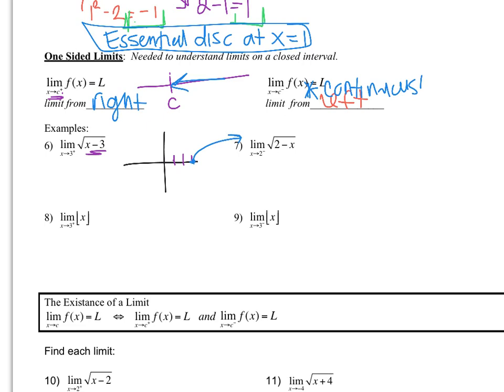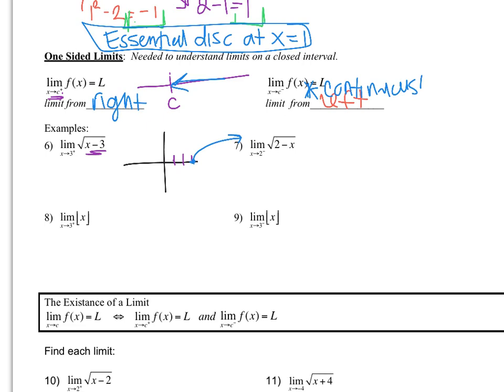This function isn't even defined for any values less than 3. Imagine plugging in 2: we would have the square root of 2 minus 3, which is the square root of negative 1, and that isn't defined over the real numbers. So we can't plug in anything less than 3. When we think about the limit as x approaches 3, we can't leave it simply as x approaches 3 because it's not even defined on the left side of 3. That's why we need a one-sided limit for a function like this.